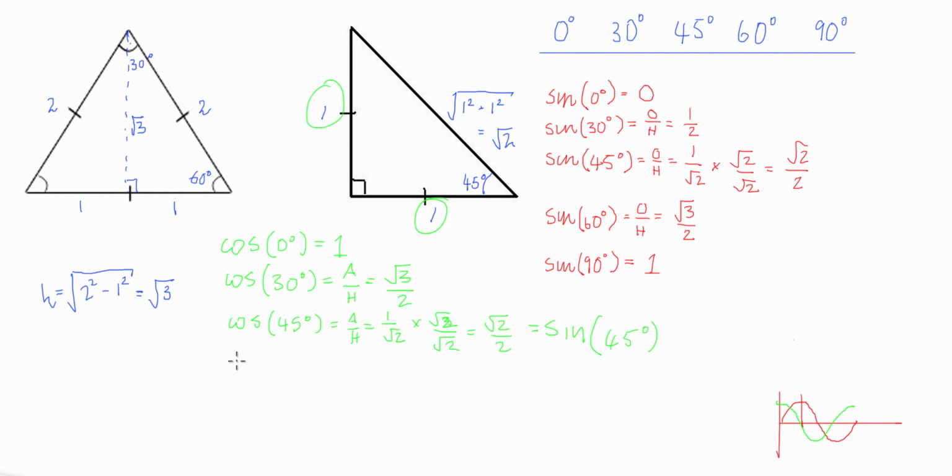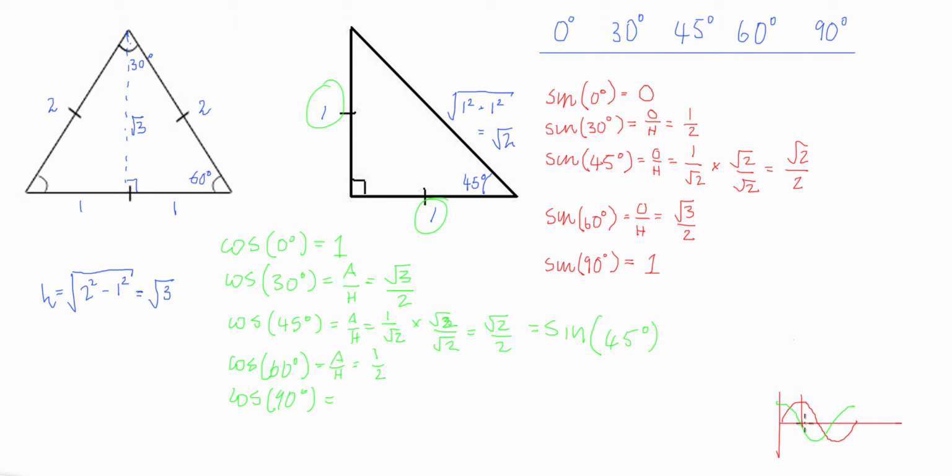Then we're going to go the cosine of 60. That's also equal to the adjacent over the hypotenuse. We go to our equilateral triangle. The adjacent is 1. The hypotenuse is 2. So cosine of 60 is equal to 1 over 2. Now, last one on the cos side, cos of 90.